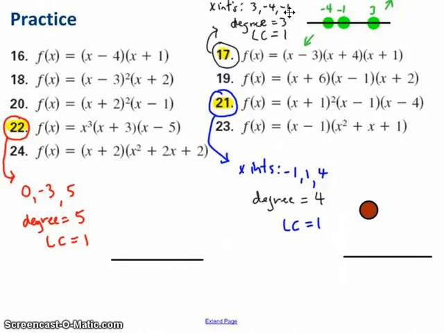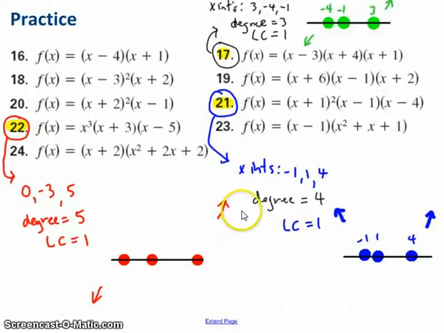Okay, I'm going to assume that you did that. Here are the rough representations of 21 and 22. Now we can actually go even beyond this and fill in the information in between the end behavior arrows.